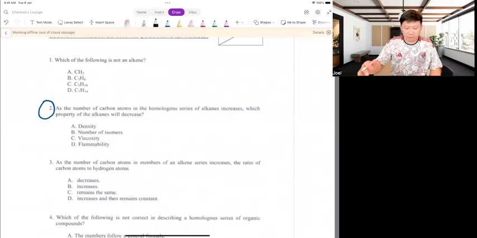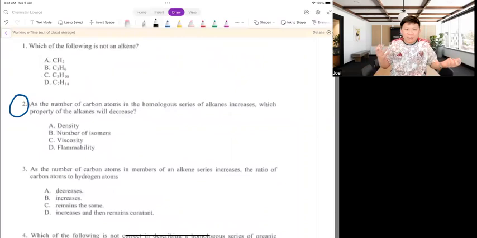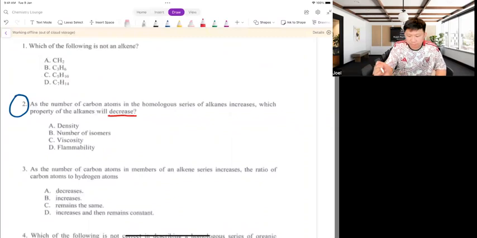The first one: as the number of carbon atoms in the homologous series of alkane increases, actually no need alkane, any homologous series is the same. Which of the following will decrease? Decrease means drop. So density, no, because remember I told you from gas to liquid to solid.